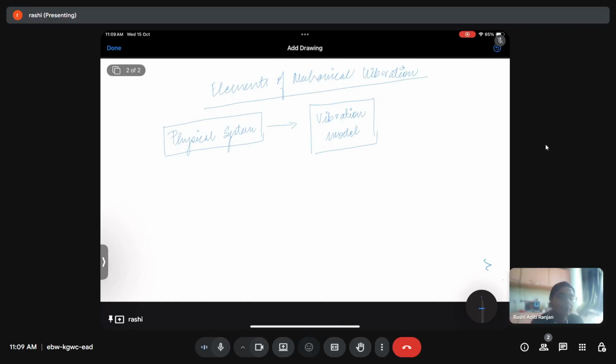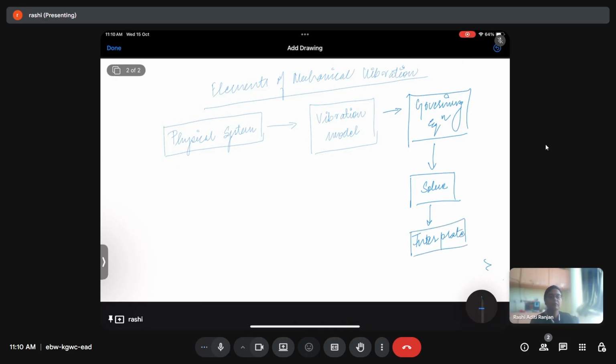We get the option now to understand how the system is going to work, right? How? Because from the vibration model, we are essentially getting a governing equation. We are going to solve this governing equation, and from that, we can interpret the ways in which a system can vibrate, right?